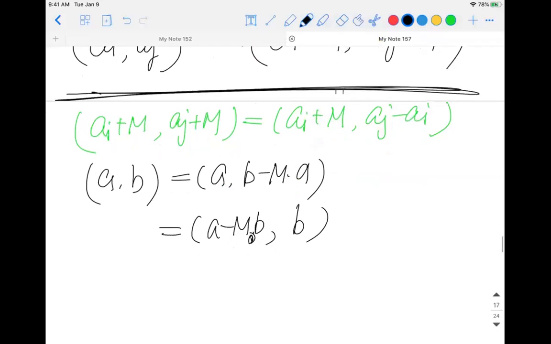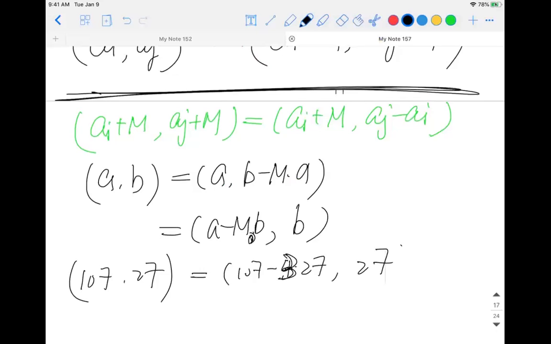For instance, I gave you 107 and 27. These are 2 big numbers. I have no idea how to find the greatest common divisor. I can actually use 107 minus 3 times 27, and then 27. That's going to help you to reduce the complexity of your calculation.